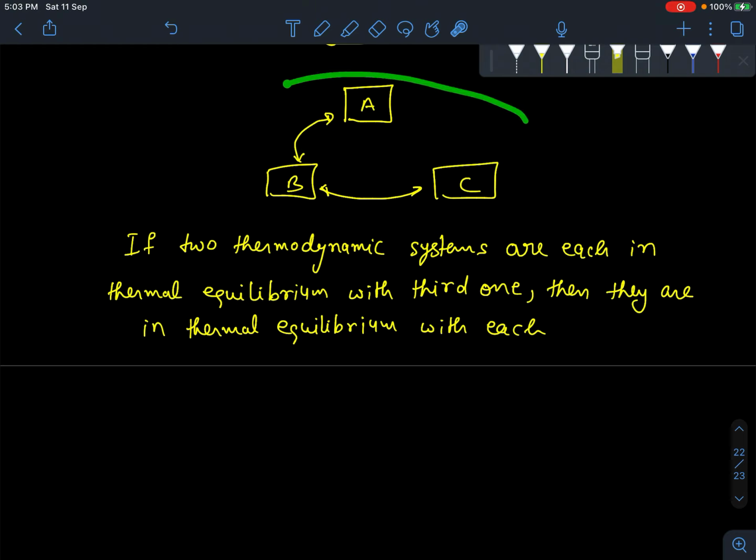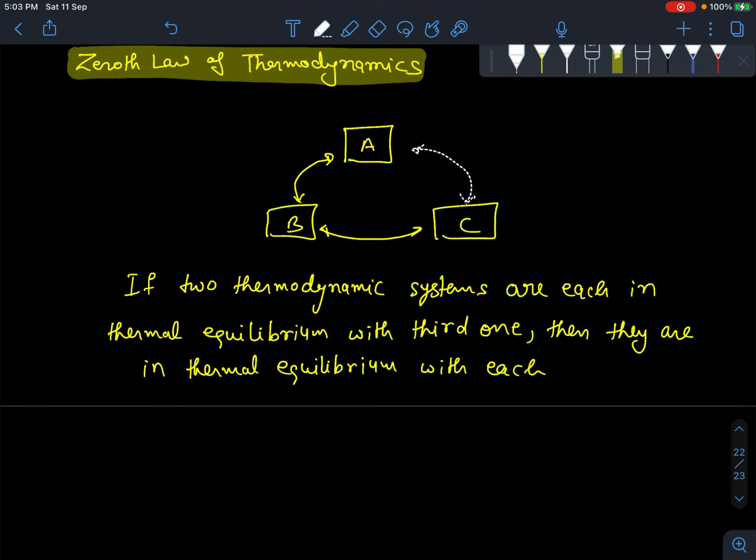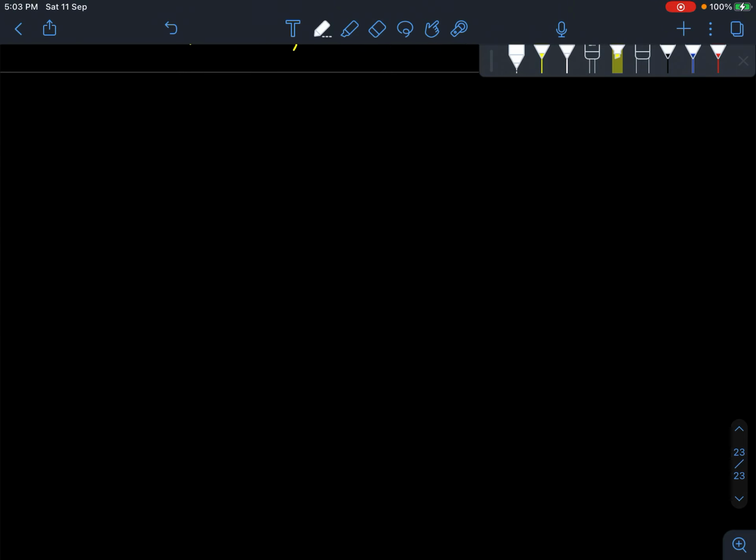In that case, all three of them are in thermal equilibrium, means the temperature of these three systems must be the same. This is how we state the zeroth law. I hope you have got the clarity into it. Okay, this is related with that one.